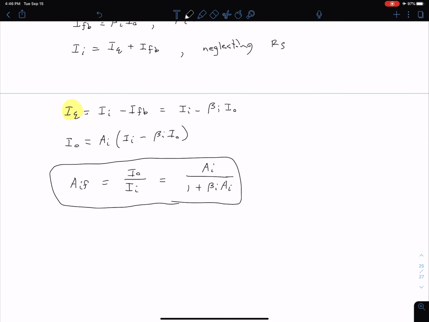And this A sub IF, again, is our closed loop current gain. Okay, so we found our transfer function. Like I've said, in later videos, we're going to come back and look at how to find our input and our output resistance.